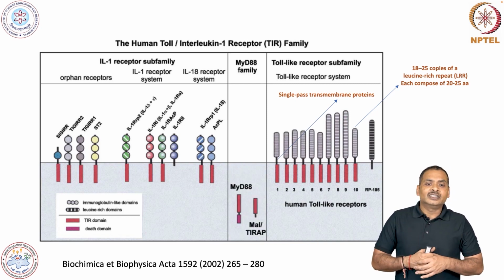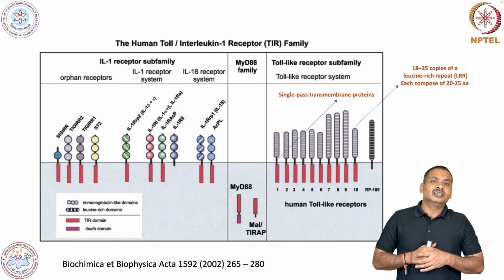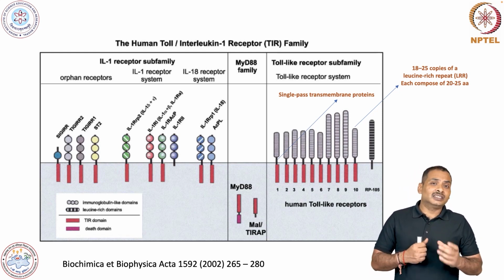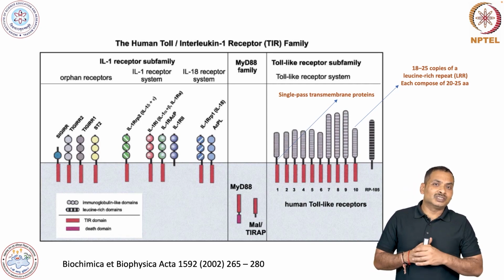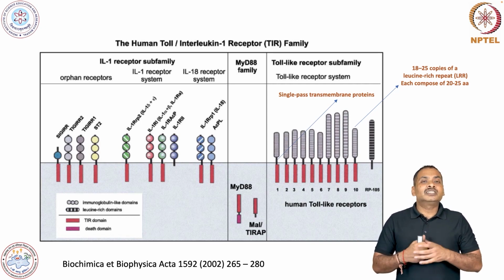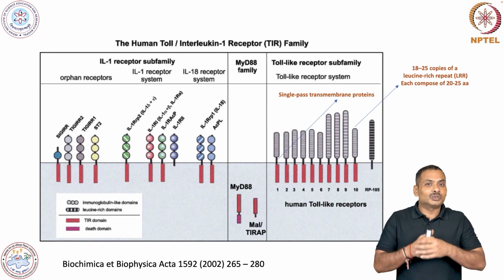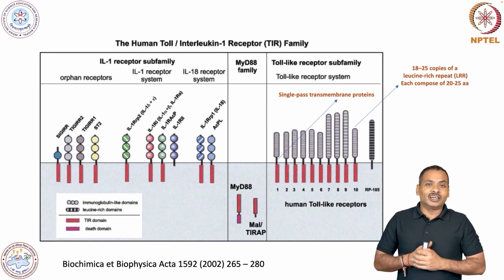As you can see, there is MyD88. This MyD88 also has this TIR domain, and there is another adapter molecule known as MAL or TRAP. So these adapter proteins have this TIR domain.